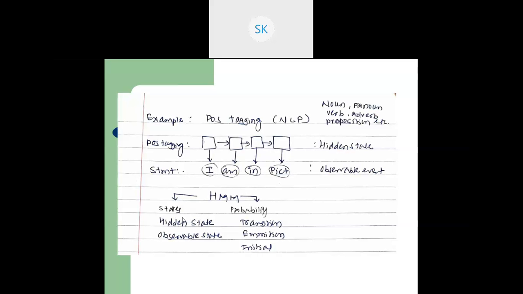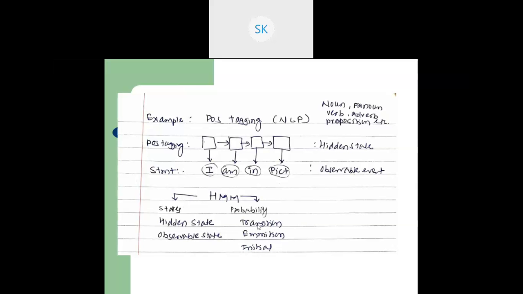So in an HMM, we have seen that there are hidden states and observable states. The observable states relate through emission probabilities, from the state to the evidence or observations. And we have transition probabilities, which apply when moving from one hidden state to another.